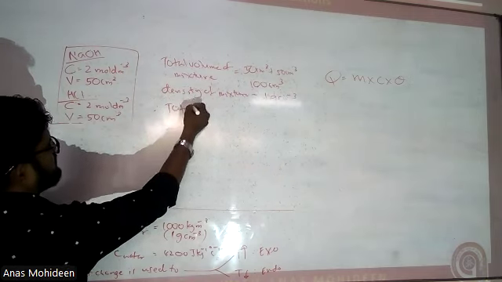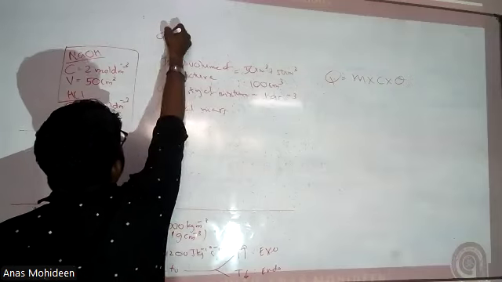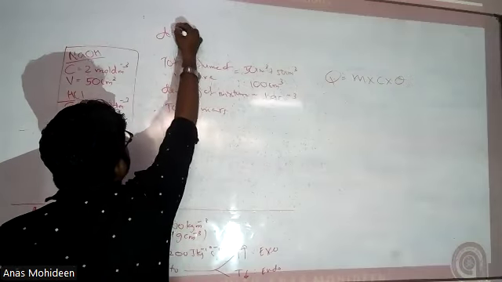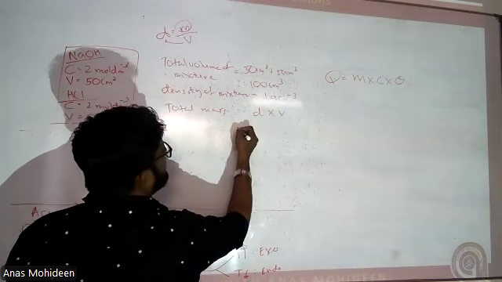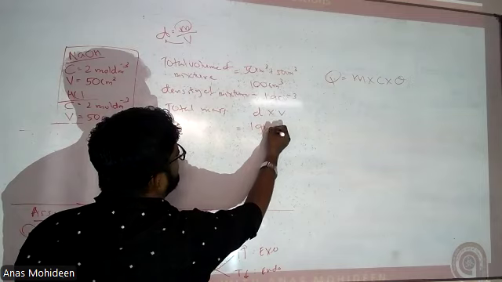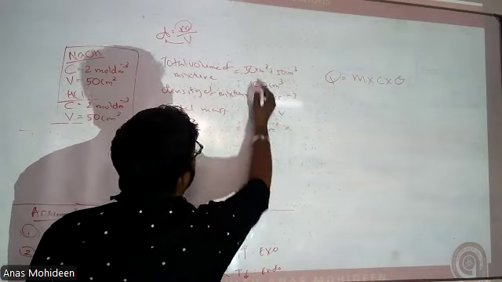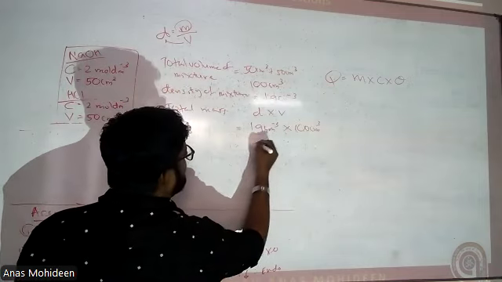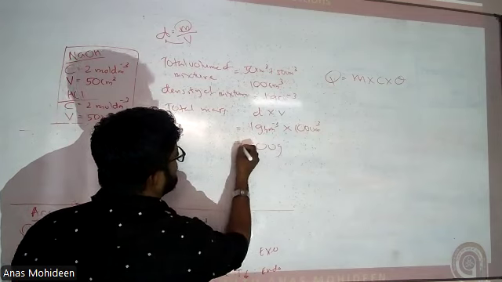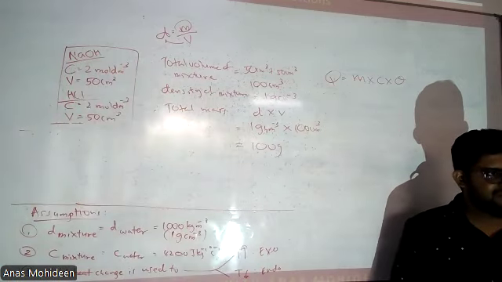Hence, D equals M over V, so M is equal to D into V. Density is 1 gram per cubic centimeter, volume is 100. 1 into 100, 100 grams. So what is the total mass? 100 grams.